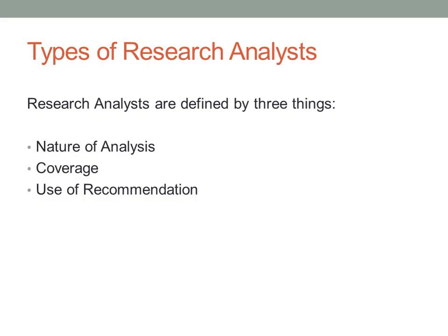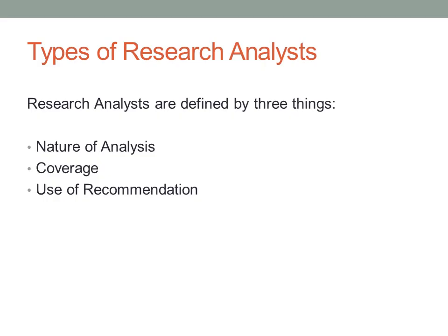Now we will see the types of research analysts. Research analysts are defined by three things, that is the nature of analysis they do, the coverage, and the use of the recommendation they provide. Now let us understand these three things one by one. First is nature of analysis, which means which type of analysis the research analyst is doing. It could be fundamental analysis, technical analysis, quantitative analysis or qualitative analysis.